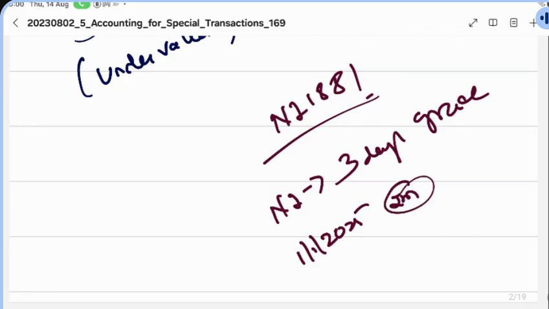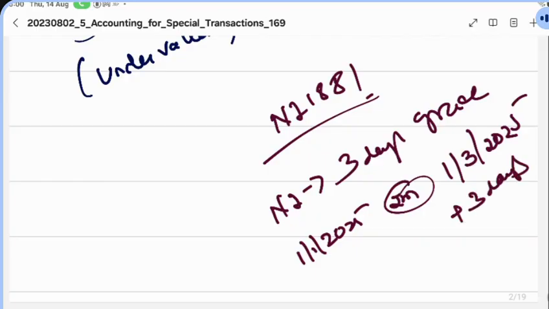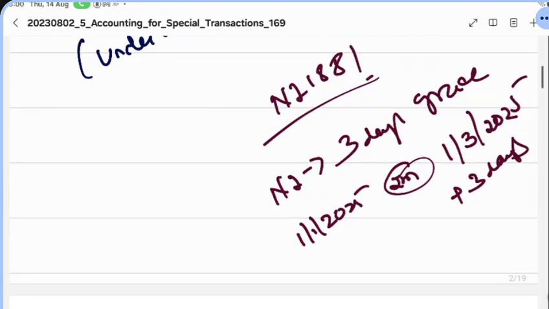then looking at the 2 months period, 1/3/2025 will be the due date. But as per the Negotiable Instruments Act, we have to allow 3 days grace. The date which comes after adding these 3 days grace will be called the maturity date.